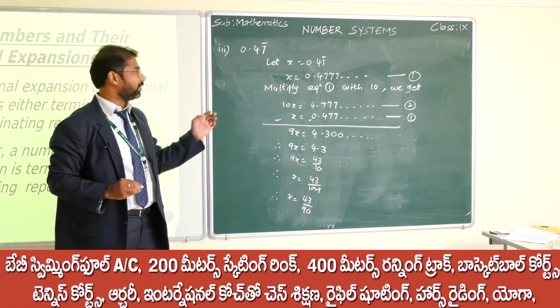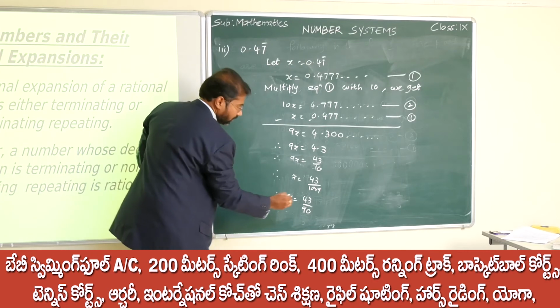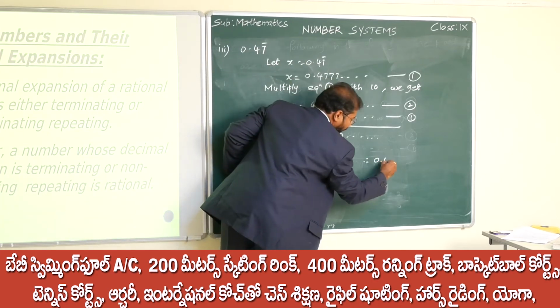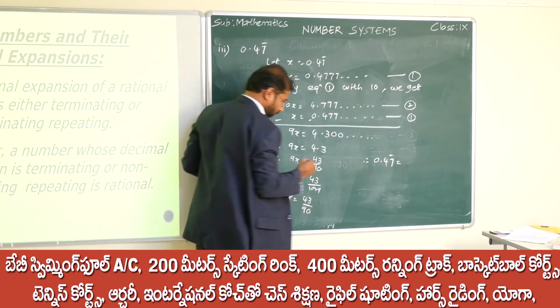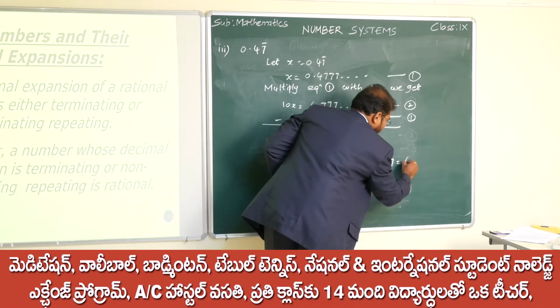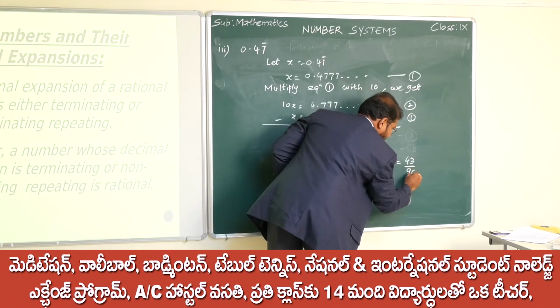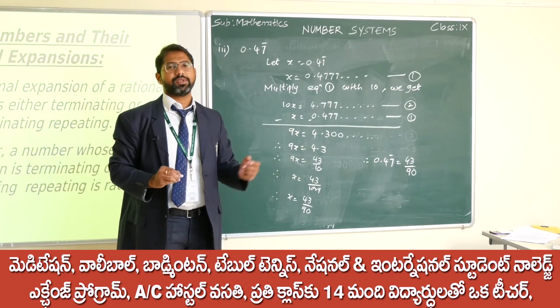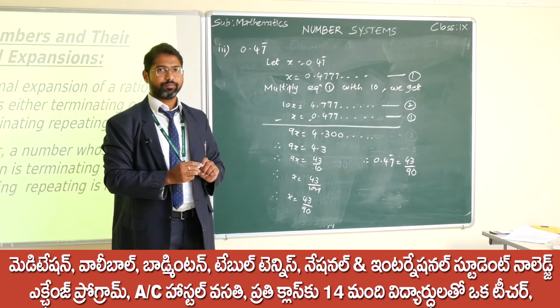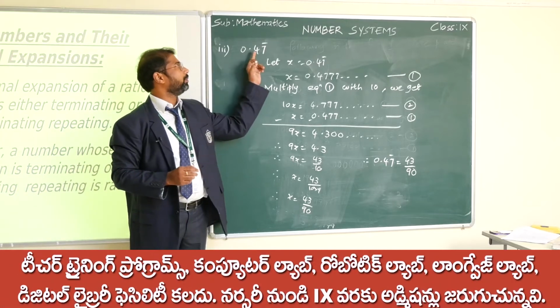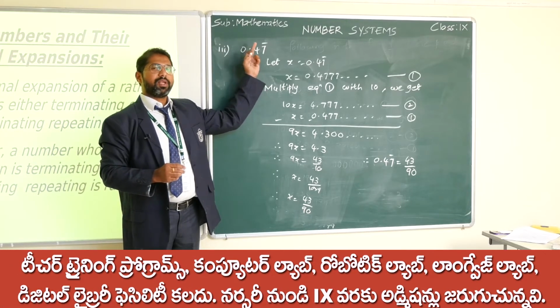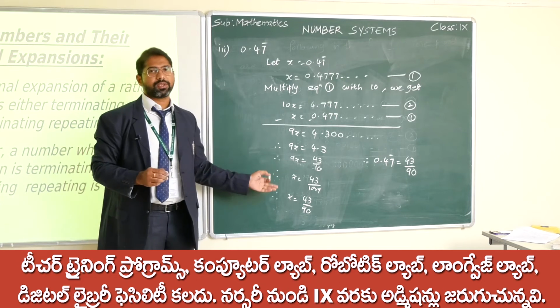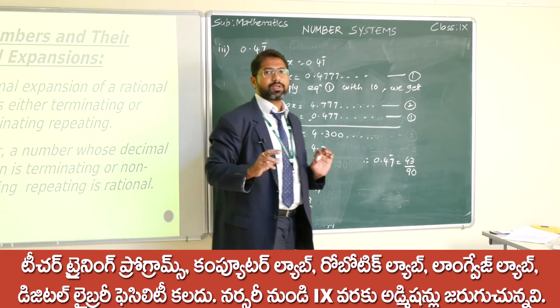Now let us substitute the value of x, therefore 0.47 bar is equal to 43 by 90. So I have expressed it in p by q form. Here in the decimal part 4 is not repeating, whereas 7 is repeating, but the procedure is the same. I hope it's clear.